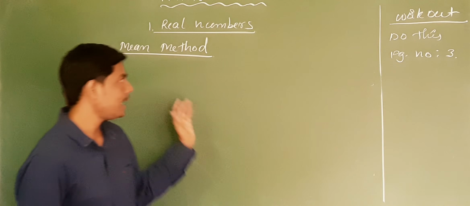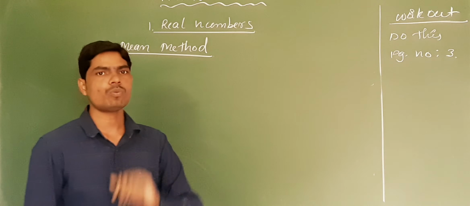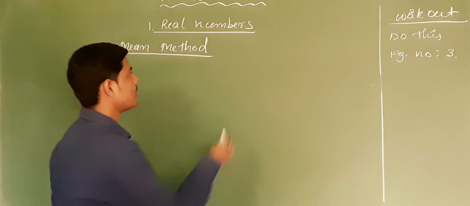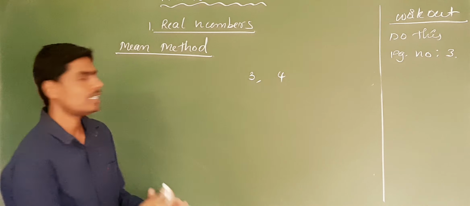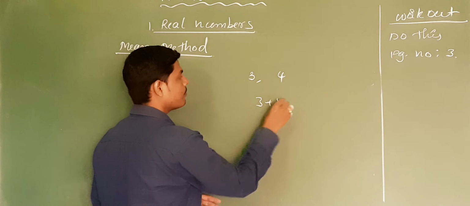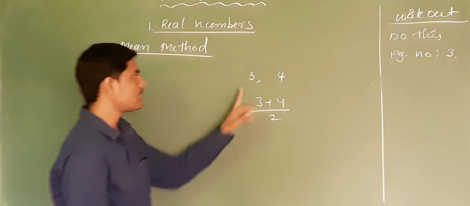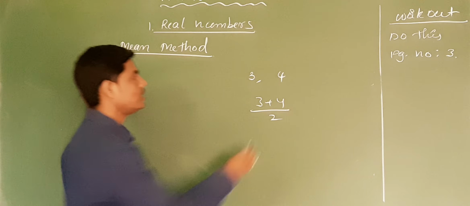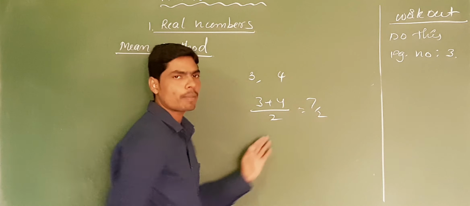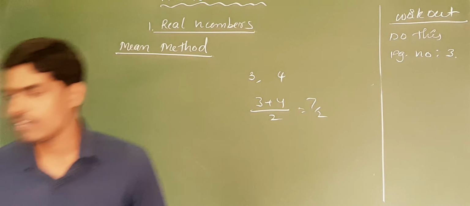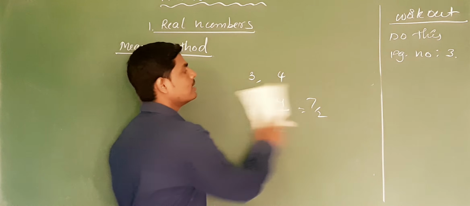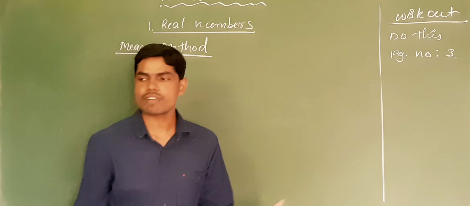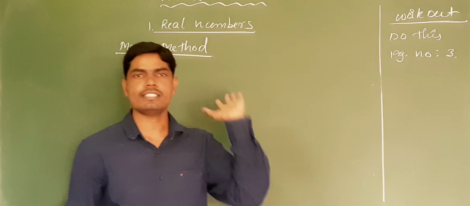For any two numbers, for example 3 is a number, 4 is a number, their mean is to add them and divide by 2. Because there are two observations, 7 by 2 will become the mean. In the same way, by using the mean method, we can find in between rational numbers for the given rational numbers very easily.